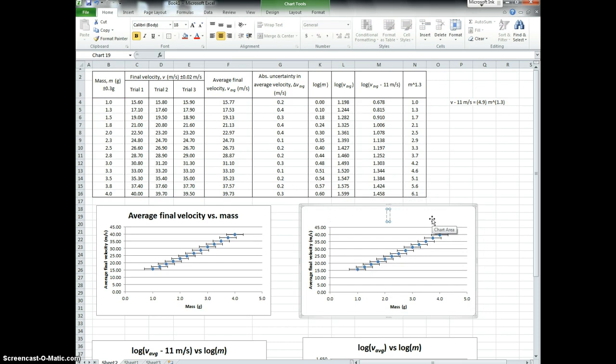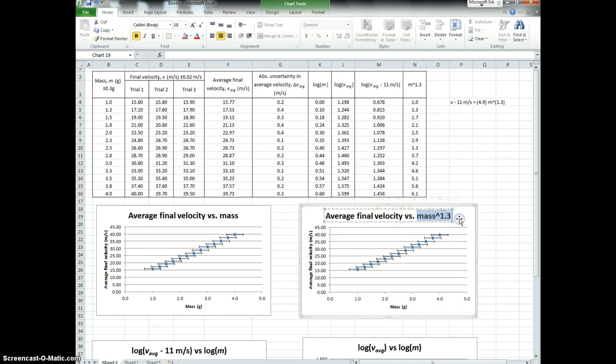And here I'm going to do average velocity. Whoops. Actually, it's average final versus mass to the 1.3.